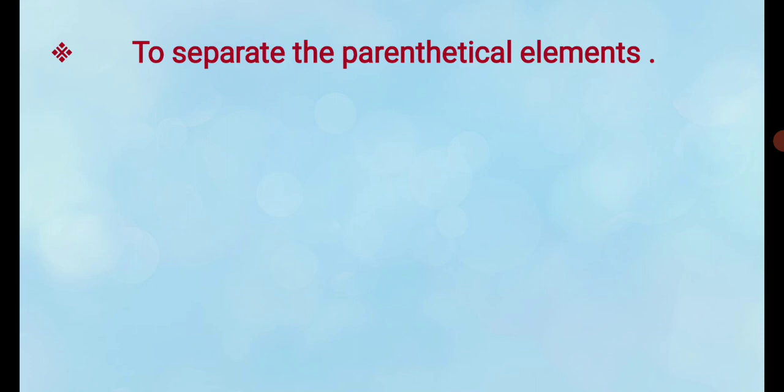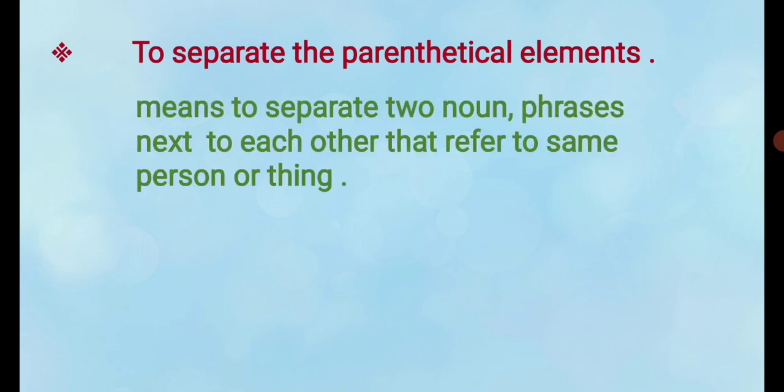The next is to separate parenthetical elements. What is the meaning of parenthetical? It means separating two nouns or phrases that are next to each other and refer to the same person. So we will use two different nouns for a single person or thing.